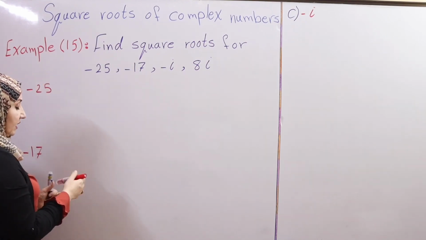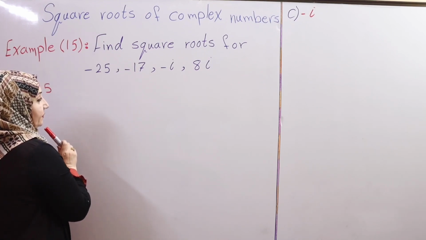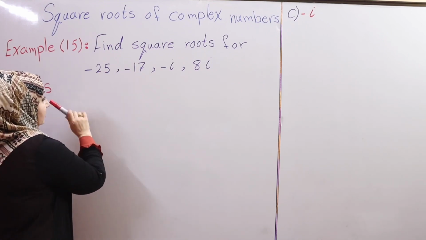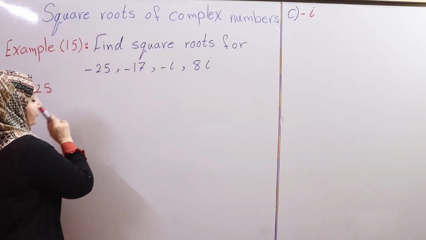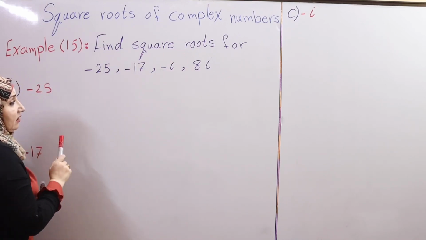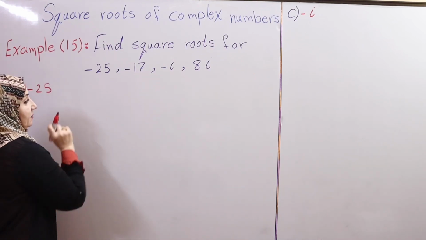We see that the first two numbers are real numbers, but they are negative. So when we take the square root for a negative real number, we have a problem, and that means we get complex numbers.